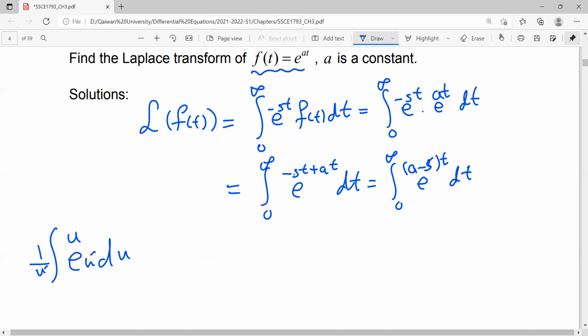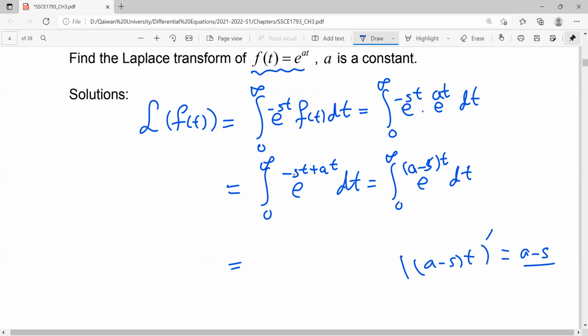And here we have e to the power a minus s times t. The derivative of the exponent, a minus s times t, with respect to t is a minus s. That means we must have a minus s, then we can find its integration.